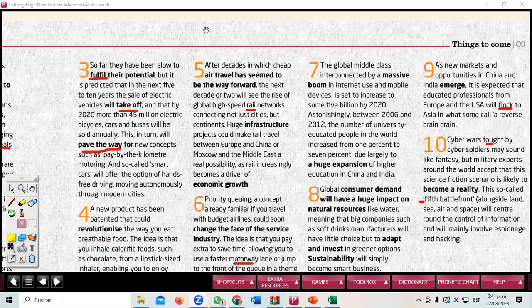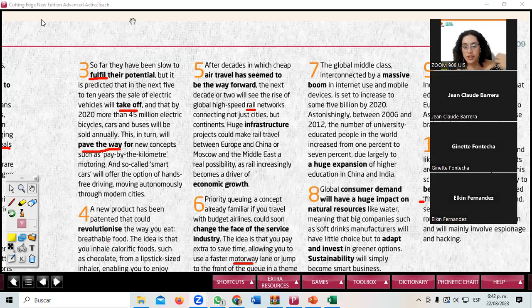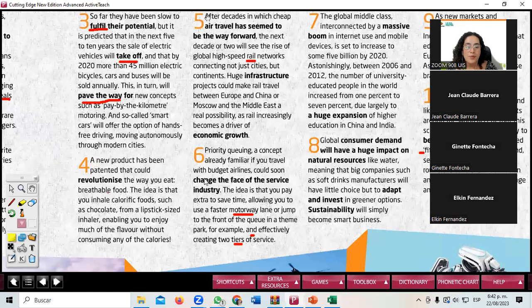Huge infrastructure projects could make rail travel between Europe and China or Moscow and the Middle East a real possibility as rail increasingly becomes a driver of economic growth. So this one talks about how the boom of railway networks could be a prediction for the future, connecting Europe and China or Moscow and the Middle East, with high-speed trains. Okay, thank you, Jean-Claude.